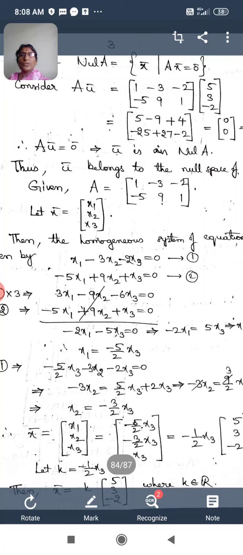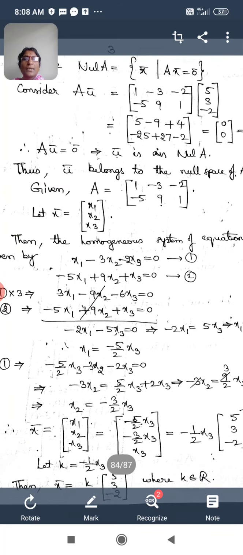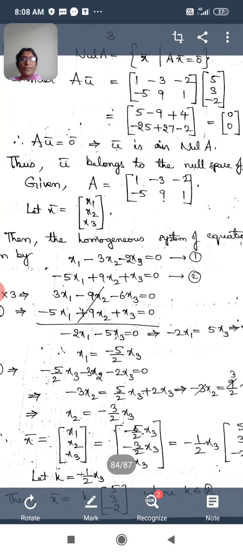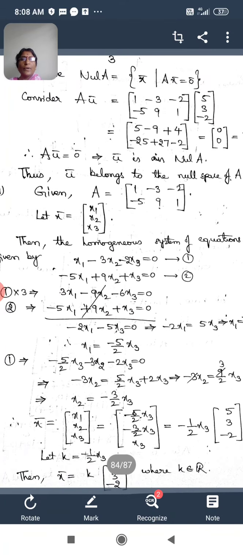Therefore, our solution set x bar can now be taken as x1, x2, x3 is equal to minus 5 by 2 x3, minus 3 by 2 x3 and x3. So x1 we have replaced by minus 5 by 2 x3, the value we got above. In the same way, x2 is replaced by minus 3 by 2 x3, and this is the matrix formed now.